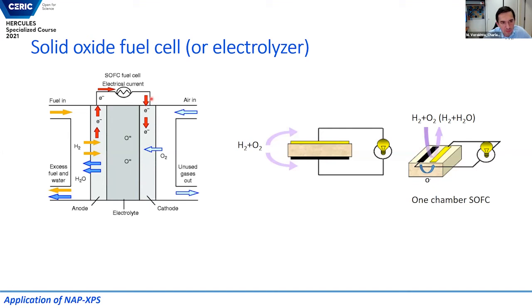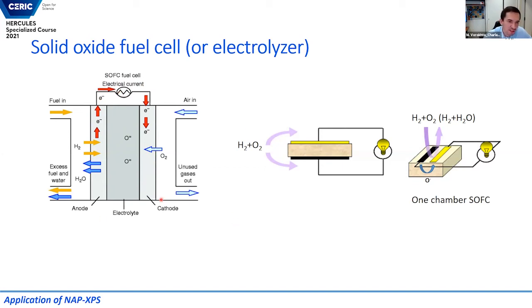Of course, if there are different potentials, the electrons which are formed here would flow through an external circuit if the two electrodes are connected. So you have simply a device which works as a battery.